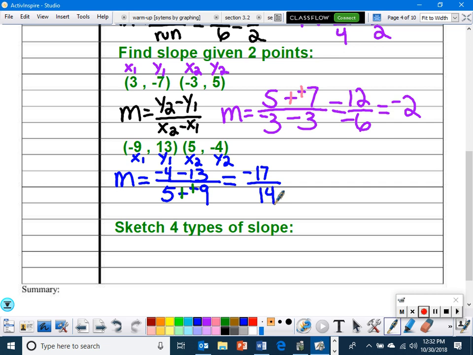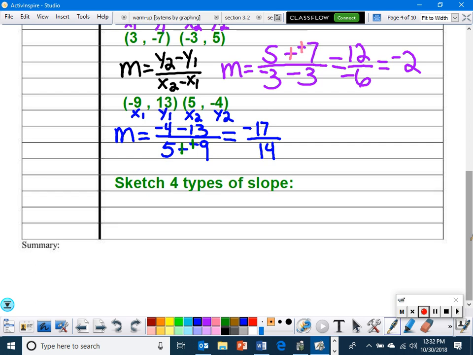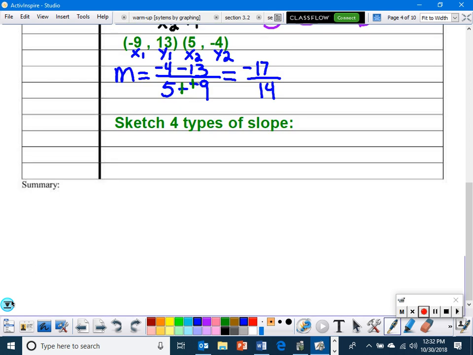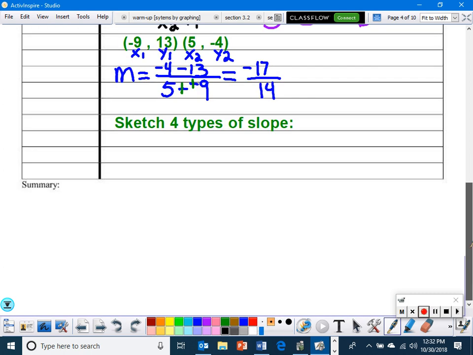All right, the next part says sketch 4 types of slopes. All right, so we're going to make a graph, x and y axis. So we're going to do a positive slope.